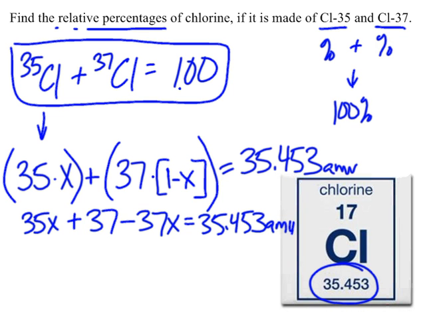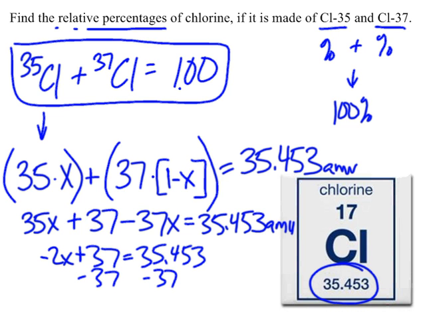I reduce it down and end up with negative 2x, oops, negative 3x plus 37 equals 35.453. I subtract 37 from both sides, and I get negative 2x is equal to negative 1.547.